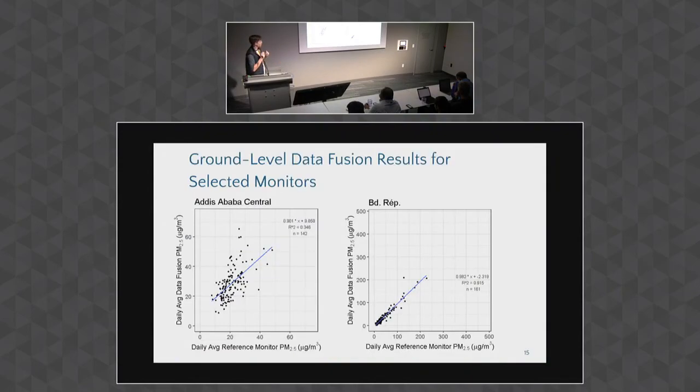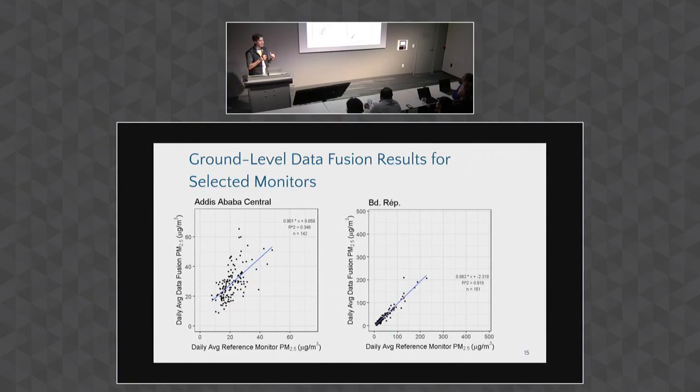But we did have 2 sites where we were able to do that, in Addis Ababa and then on the right in Senegal. And what we see is that depending on the location, the proximity of those monitors and how well the satellite product is doing in a particular location, we're able to get fairly good agreement between a validation site and a fused site. So this is an exciting direction as well.